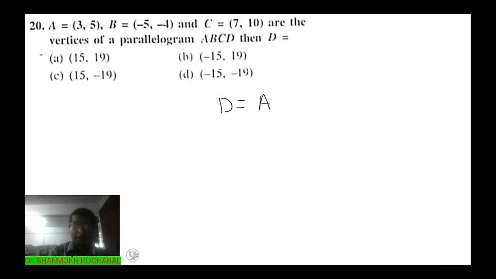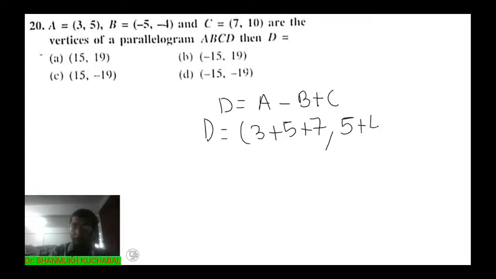D equals A minus B plus C. Then D equals, first all x coordinates: 3 plus 5 plus 7. Next y coordinates: 5 plus 4 plus 10. On simplifying we get 15 comma 19. That is option A, 15 comma 19, the right answer.